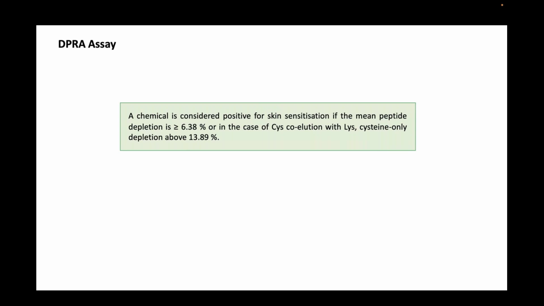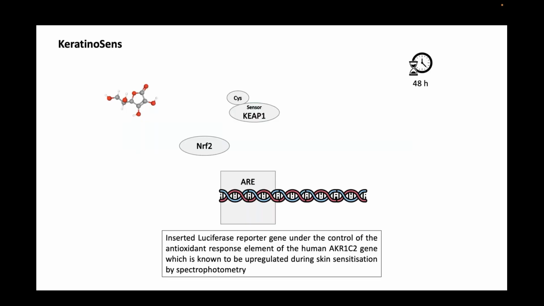In the DPRA assay, a chemical is considered positive for skin sensitization if the mean peptide depletion is above or equal to 6.38%, or if you co-elute it with lysine, then above 13.89%.